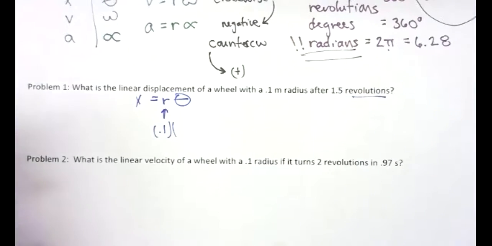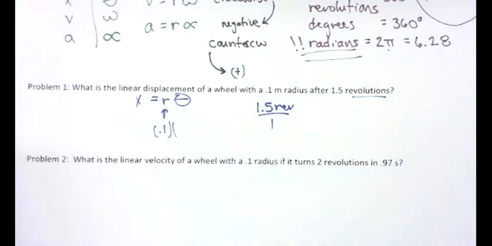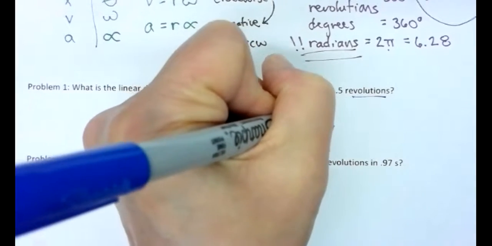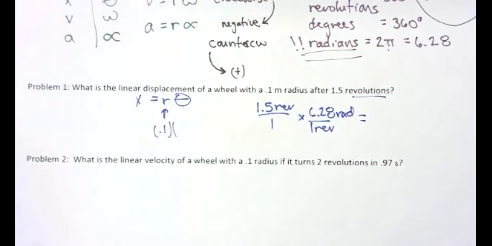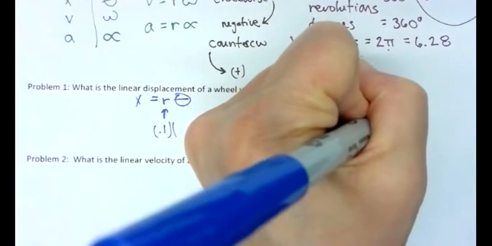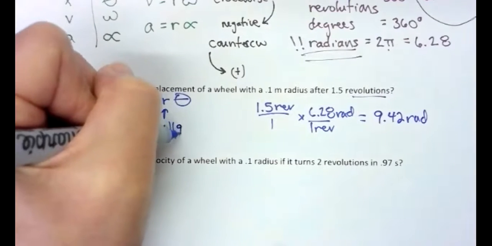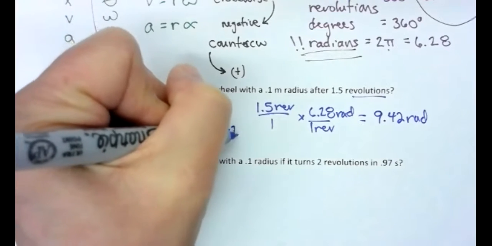So I have to convert this to radians. So using our good old dimensional analysis that you learned in chemistry, we know that one revolution is 6.28 radians. So that's going to be 9.42 radians. And when I multiply this together, I get 0.942 meters.